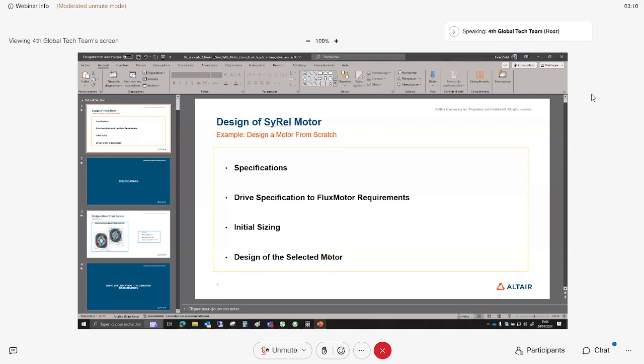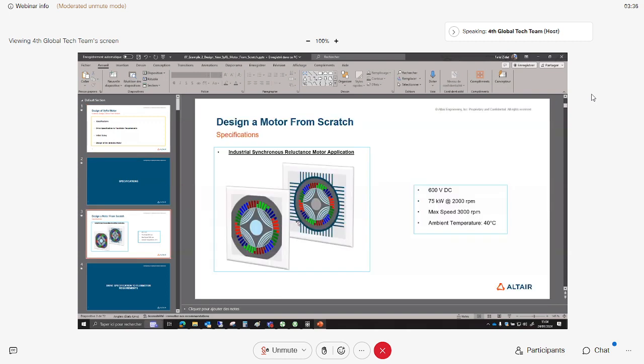And then we have to fix the number of poles and the number of slots and make some tests. We are going to test two configurations, and we'll see how to choose the best of the two configurations.